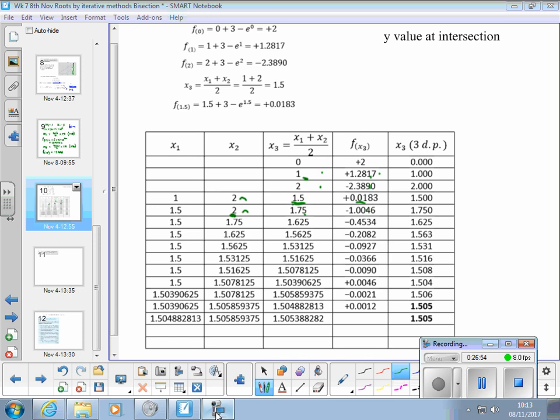In this case, but it depends. So our new guess is now going to be the most recent positive, and the negative one stays the same.